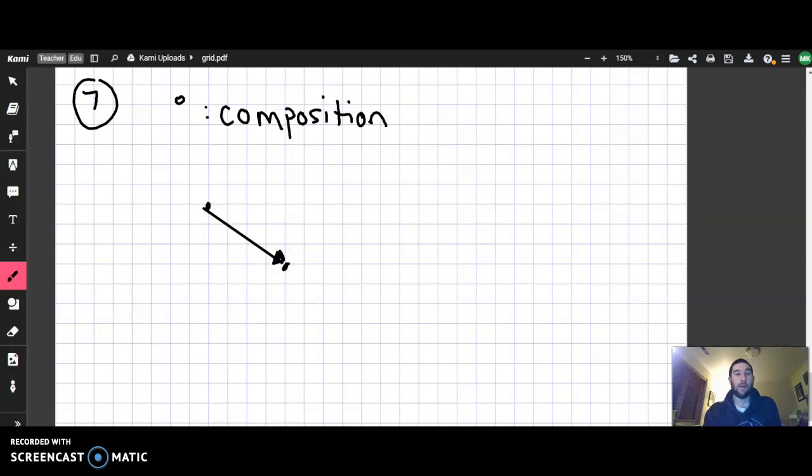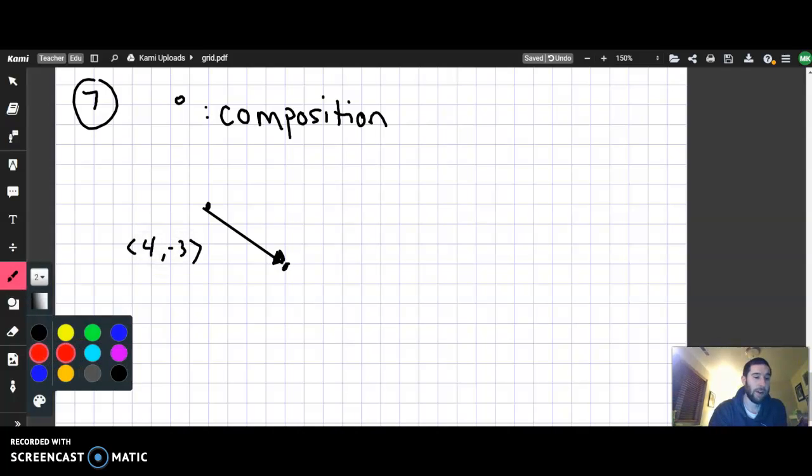What matters is what I just did. So I went 4 to the right, and I went 3 down. So this vector can be described as 4, -3.